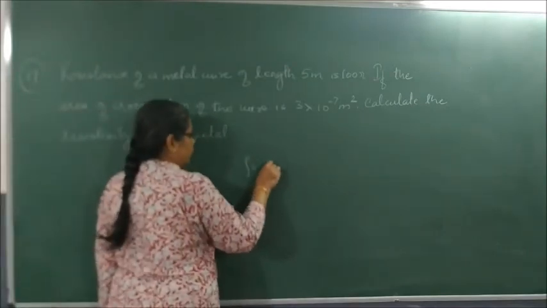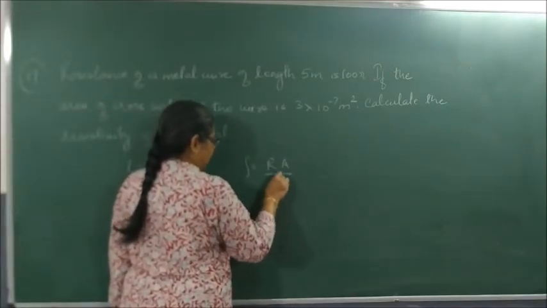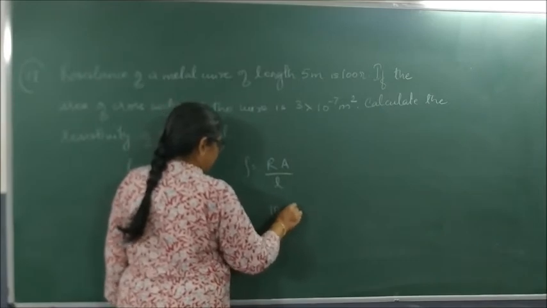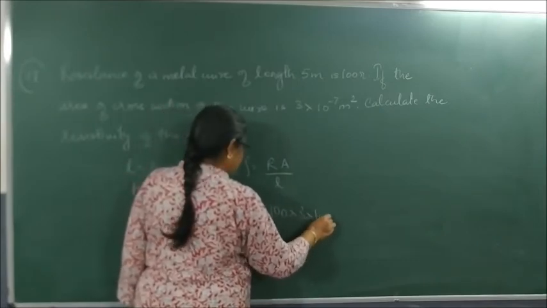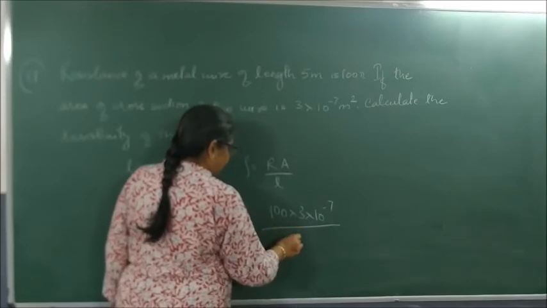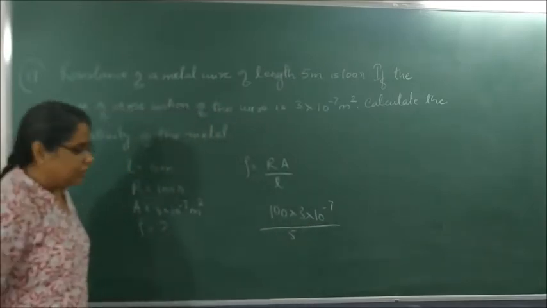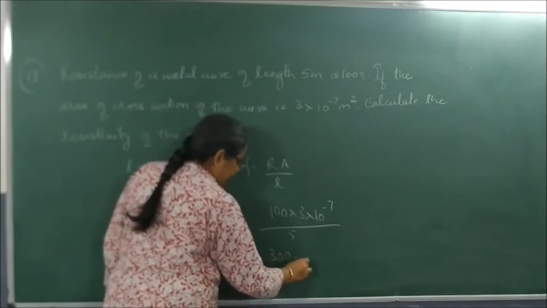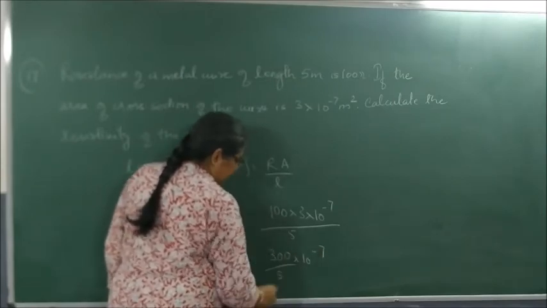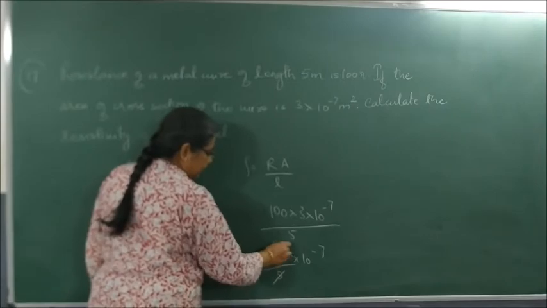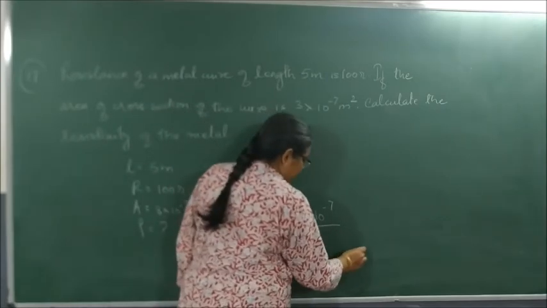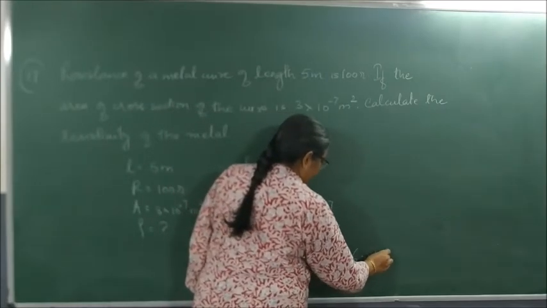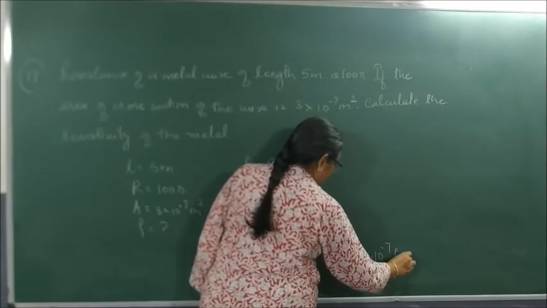Rho is equal to RA by L. So 100 into 3 into 10 to the power minus 7 by 5. So I can write 300 by 5 into 10 to the power minus 7. 5, 6 are 30. So my answer is 60 into 10 to the power minus 7 ohm meter.